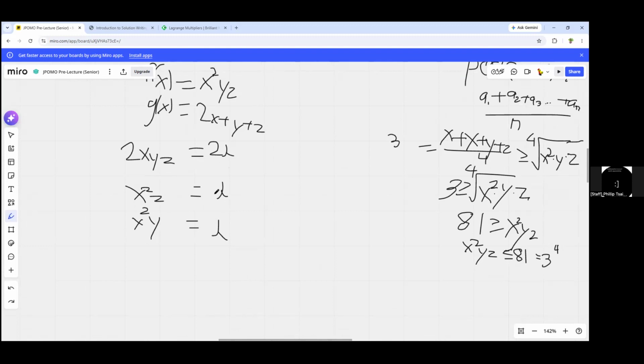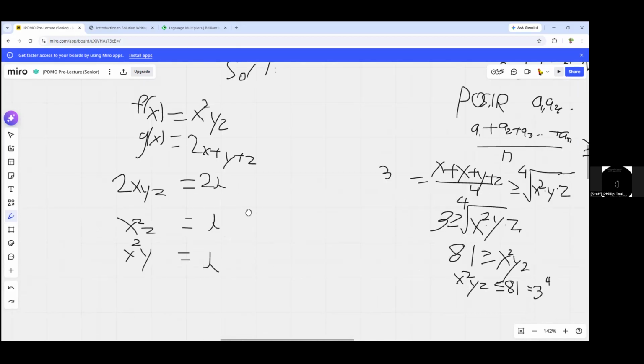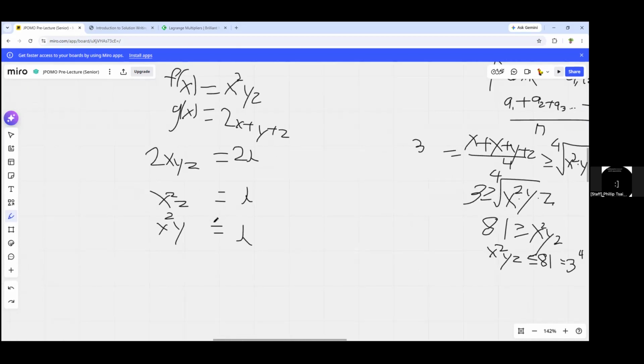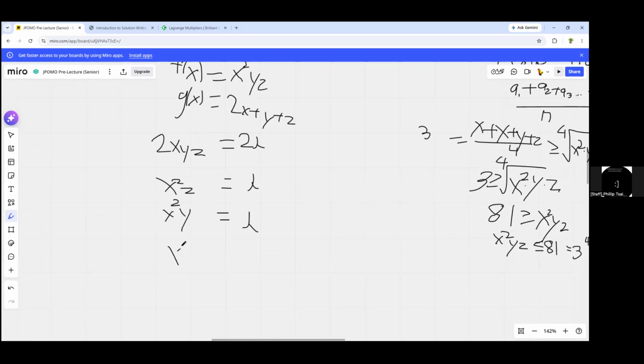So in this case, solve the system of equations. Okay, actually, wait.